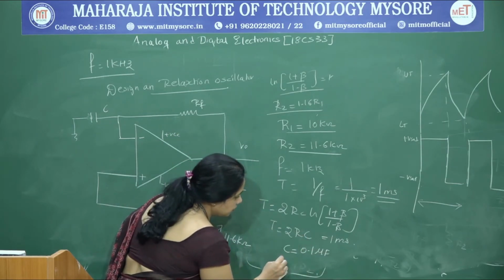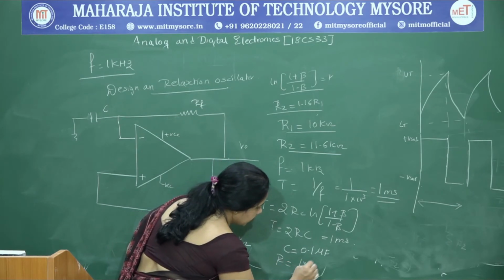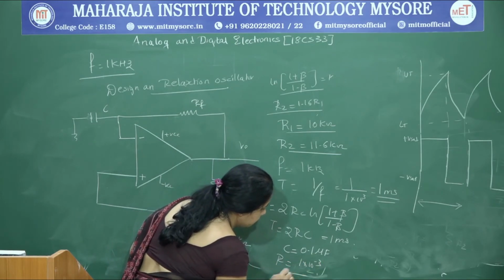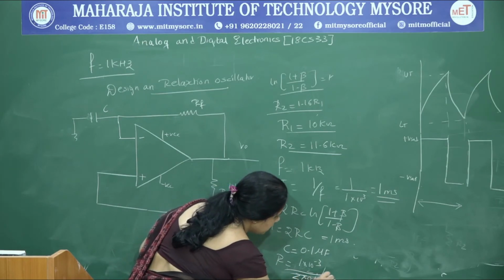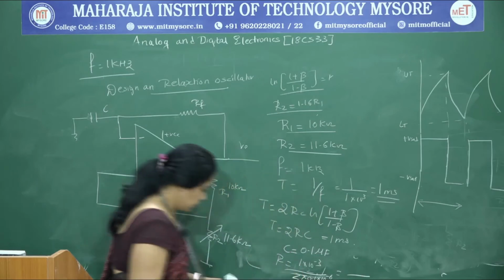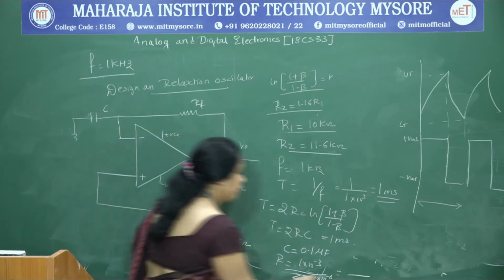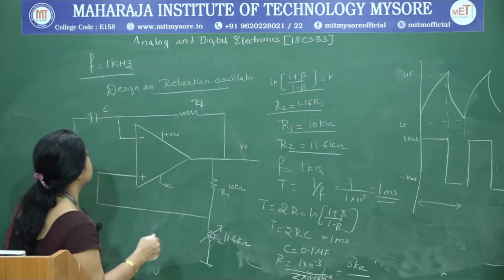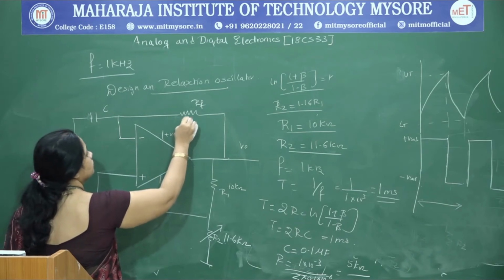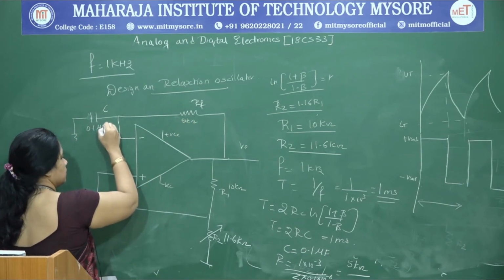If you substitute, your R value becomes 1 millisecond, 1 into 10 power minus 3, divided by 2 into C, which is 0.1 into 10 power minus 6. So, you end up getting a resistance value of 5 kilo ohm. You can take 4.8, which is nearest to this.